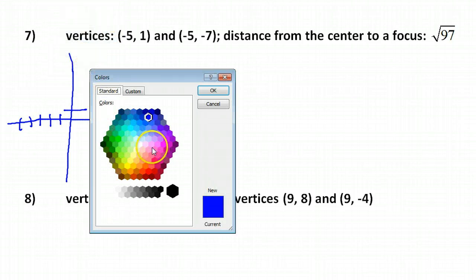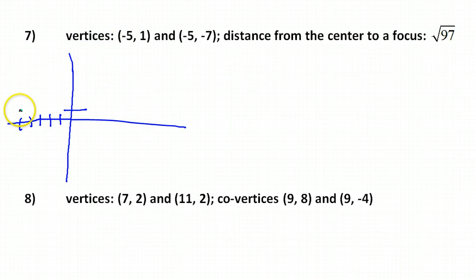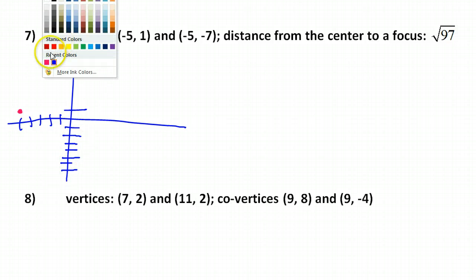However, because I'm teaching you how to do this, I need my graph to be really clear. So even though I could sit here and do this, -5, comma 1, and then -5, comma -7 would be 1, 2, 3, 4, 5, 6, 7.